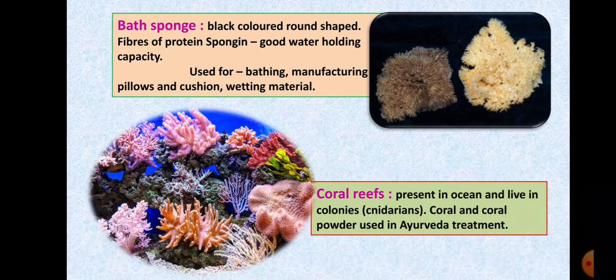If you want, you can collect more and more information about these. You can have a look at more types of bath sponges, more types of corals and other organisms that we have studied till now. The more examples you remember from a particular phylum, the more it will help you in studying the features.